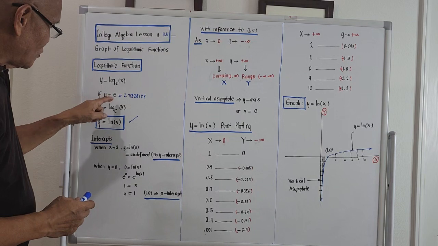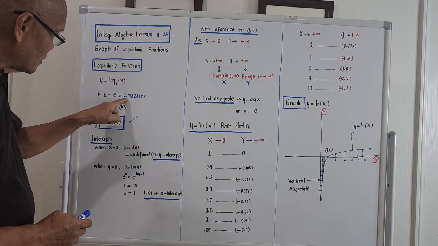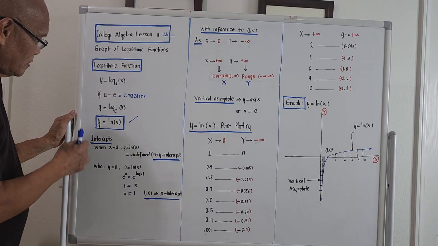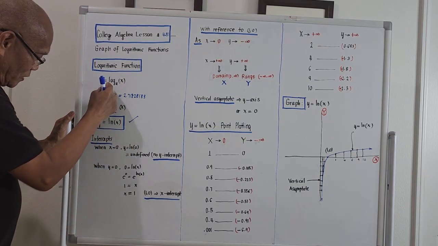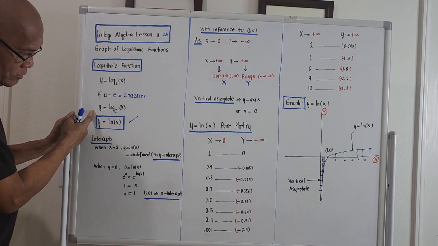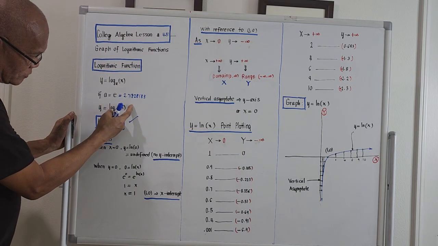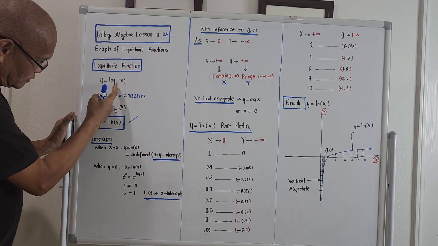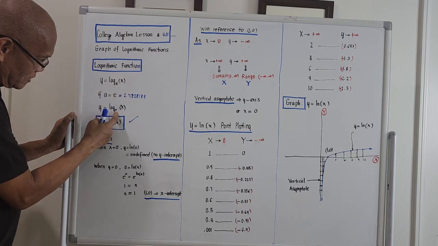If we let a equal to e, y now will be the logarithm of x. Okay, we are following this. We replace that a by e.